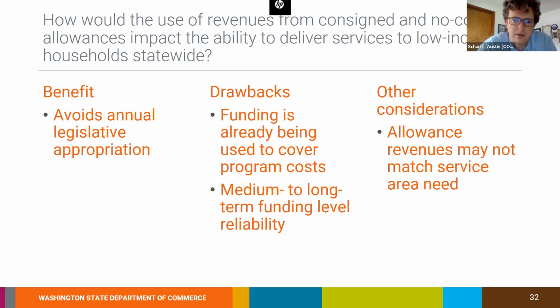Under the current model, the drawback is that utilities are already using this funding to cover the costs of the Climate Commitment Act for the customers. These revenues right now are rather large. The last few auctions have been above what Ecology expected in terms of revenues. However, I think there are fair questions about the medium to long-term reliability of high funding levels through the CCA, and other considerations around how allowances may not match the service area need for utilities.